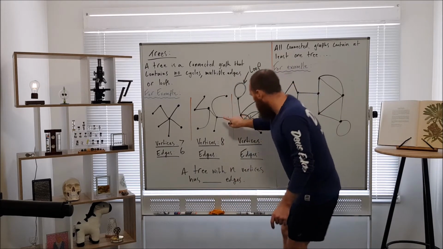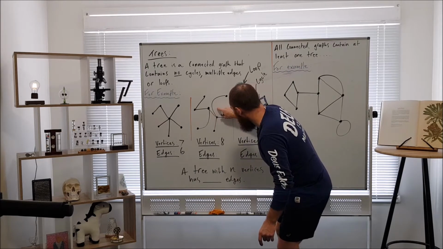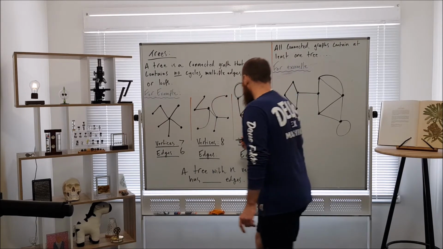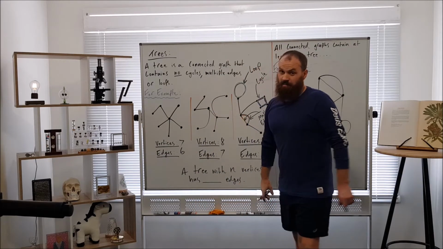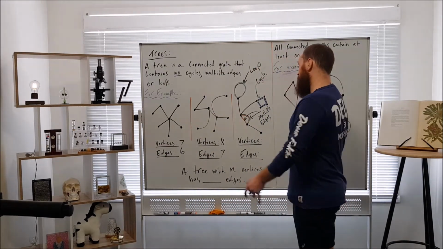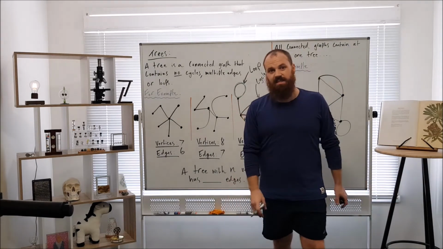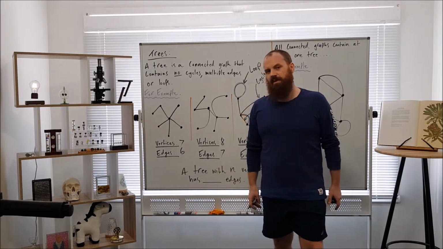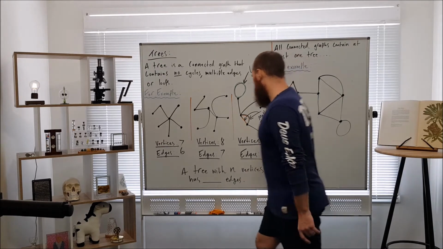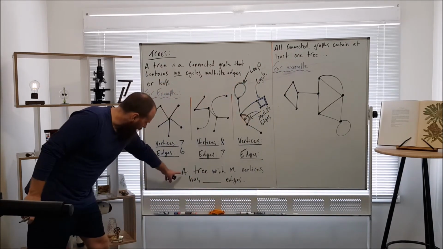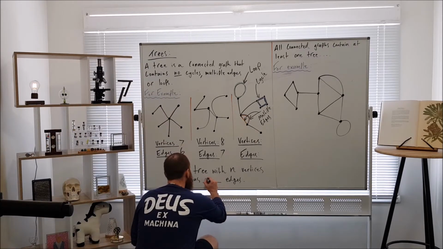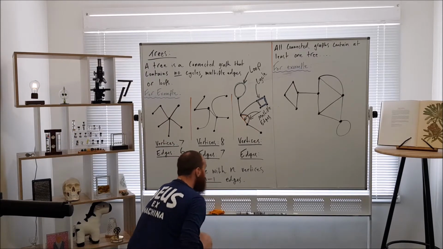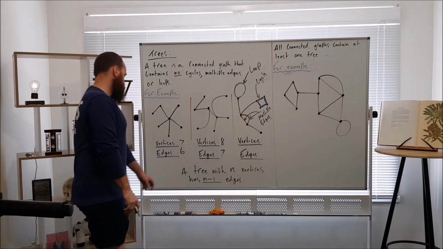And we have 1, 2, 3, 4, 5, 6, 7 edges, which is one less than the number of vertices. Now, we haven't proved that that's always going to be the case, but take my word for it, that is always going to be the case, okay? So in general, we can say that a tree with n vertices has n minus 1 edges, okay?